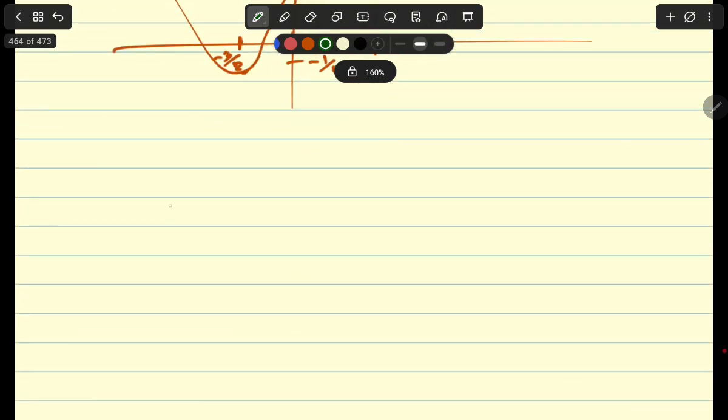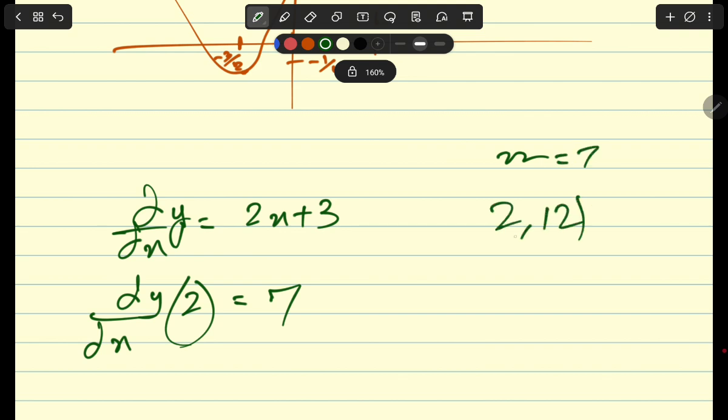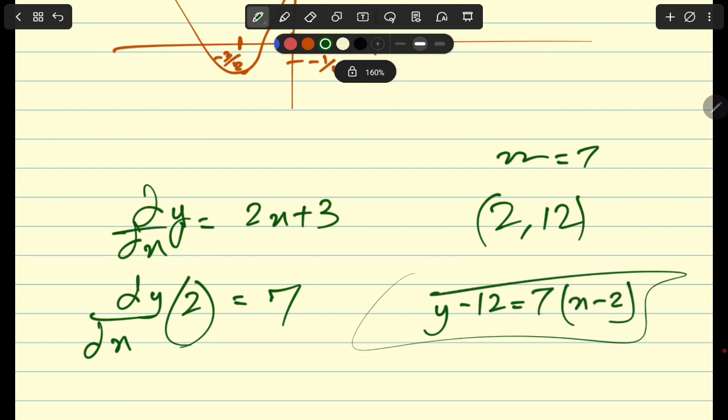So let's differentiate this function. dy by dx is going to be equal to 2x plus 3. Now what is dy by dx at x is equal to 2? That's nothing but 7. So I've got gradient 7, I've got a coordinate 2 comma 12, and I can easily find the equation: y minus y1 is equal to m times x minus x1. You can simplify, and this is the equation of the tangent. It's as easy as that.